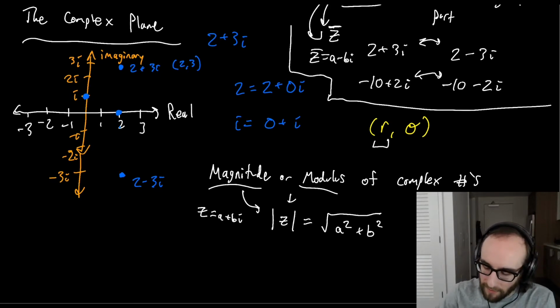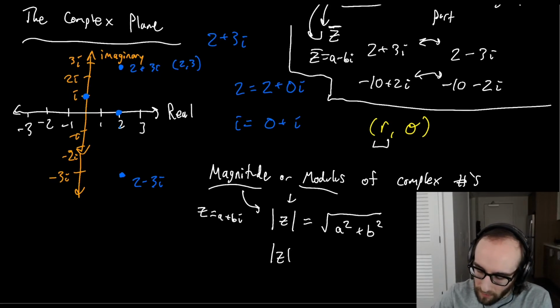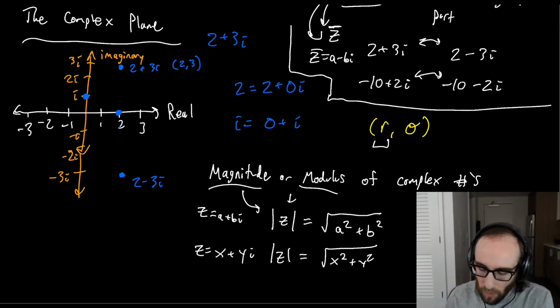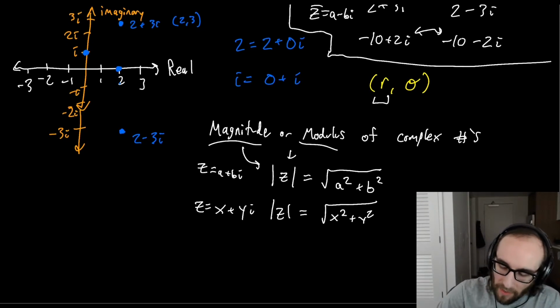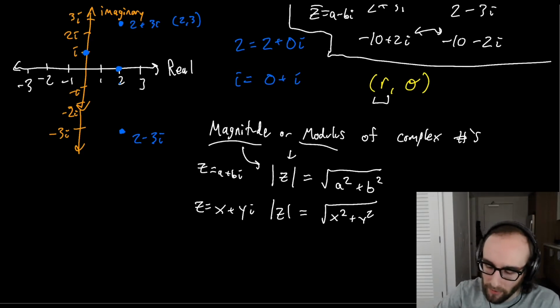Another way to think of this is in terms of x and y coordinates, x squared plus y squared, where we just replace a with x and b with y. And that's true because we're just using the Pythagorean theorem here.